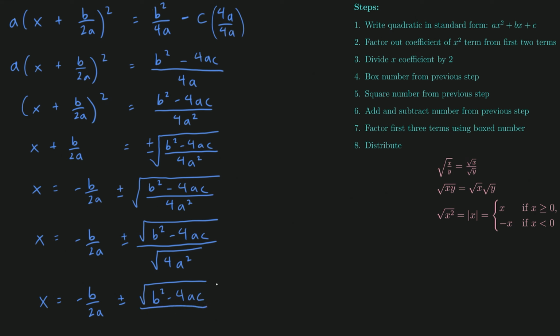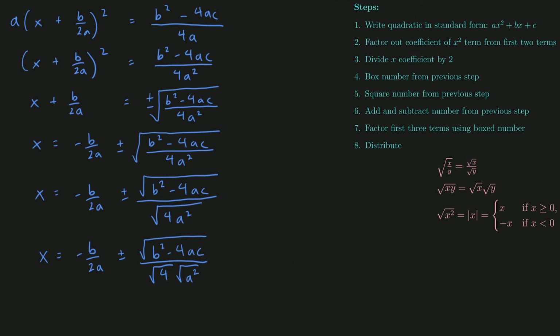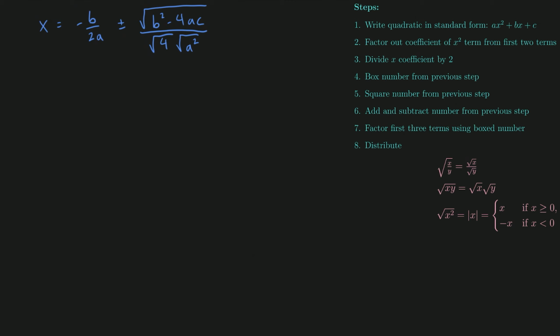We'll apply our second property of radicals that says we can write this denominator expression as two different radicals: square root of 4, square root of a squared. So we have x equals negative b over 2a plus or minus the square root of b squared minus 4ac over 2, and the square root of a squared is the absolute value of a. You can refer to my video on the square root of x squared to see why that's the case.